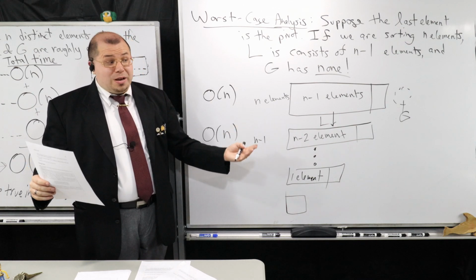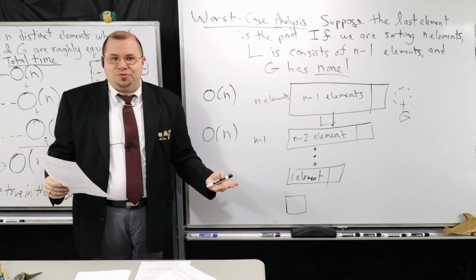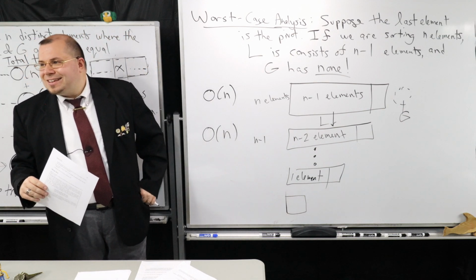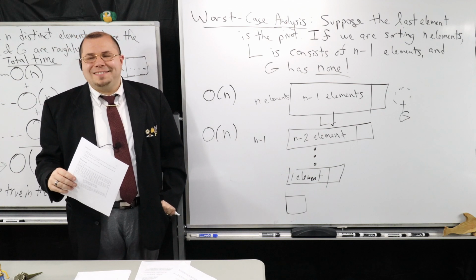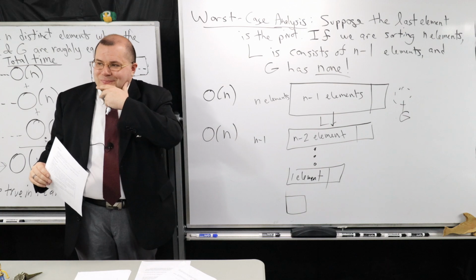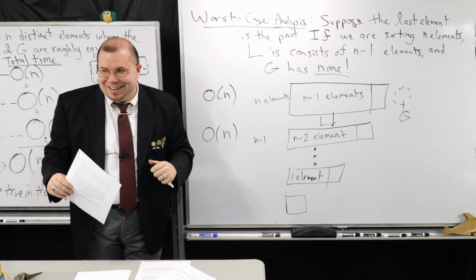And if we were to sum that up, should I end up with a linear term or a quadratic term? Something that looks linear or something that looks quadratic? Quadratic, right? Because I just described to you the arithmetic series.